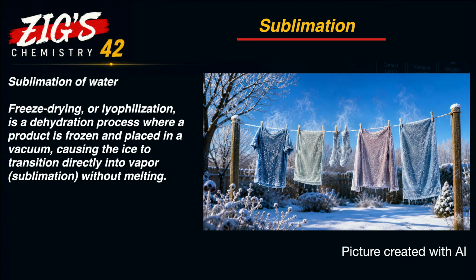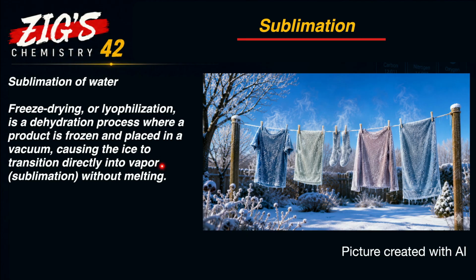Now, the process of sublimation is something very important. It's used a lot in food chemistry and also in medicine, and the process is called freeze drying or lyophilization. You may have a product that is frozen, and then you take the frozen product, put it in a vacuum, and you get sublimation.